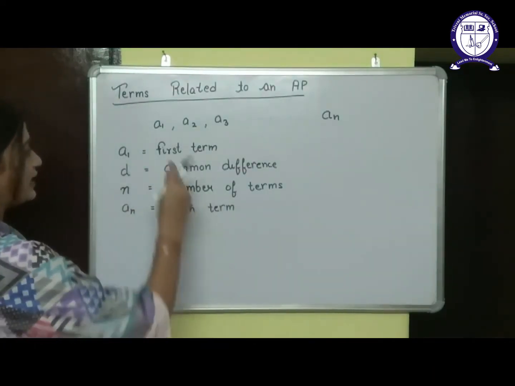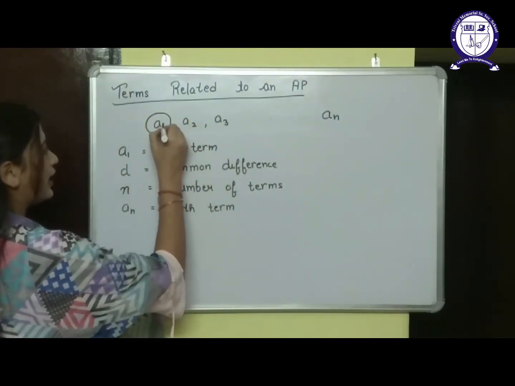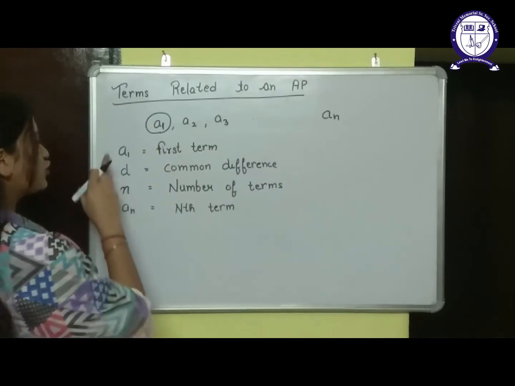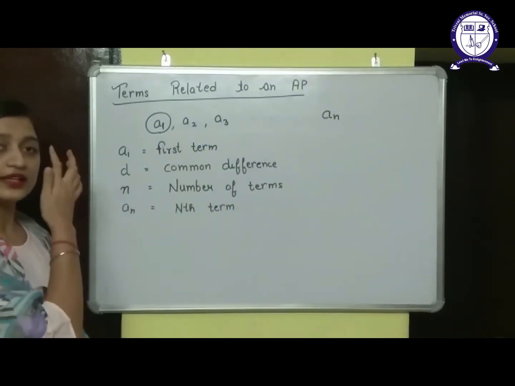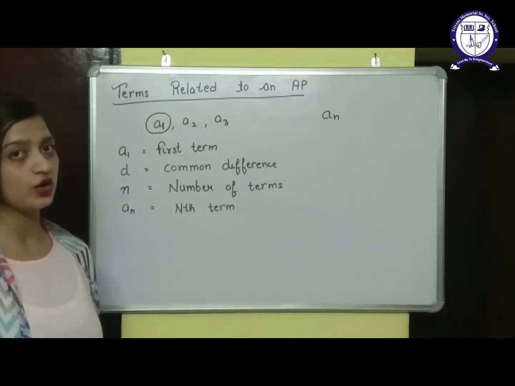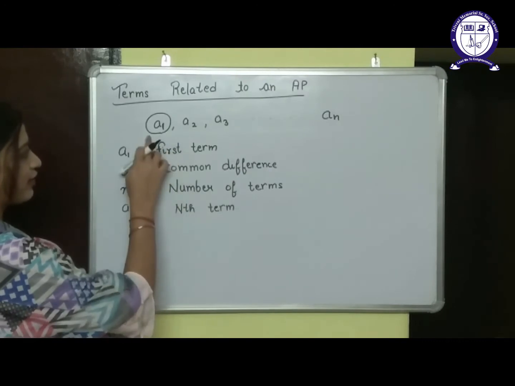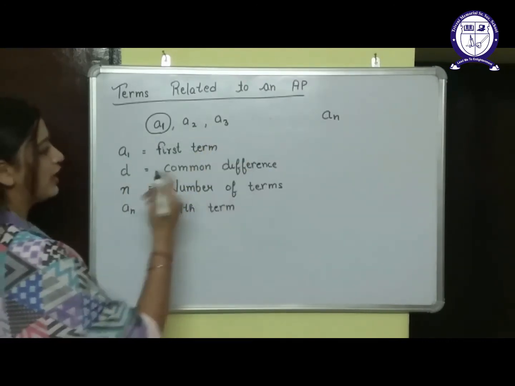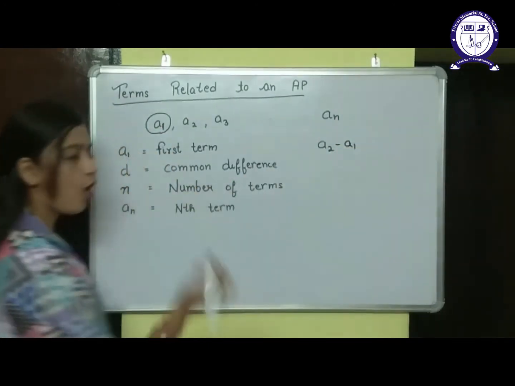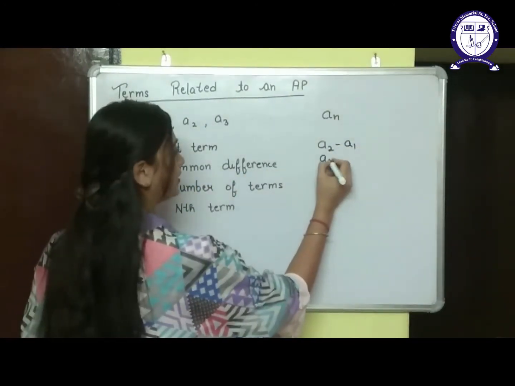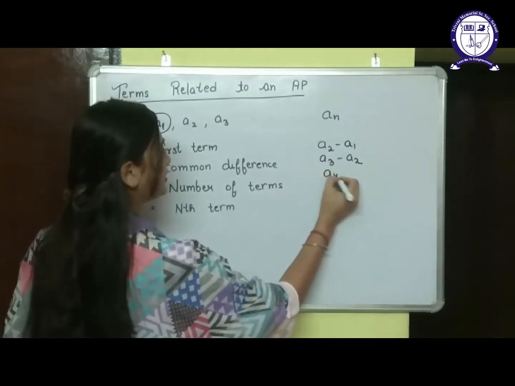So if I see in this AP, A1 is my first term, so it is denoted by A1. Now second is common difference, which I told you earlier also, the difference between two consecutive terms. That is, if I talk about this question, it will be A2 minus A1 or A3 minus A2 or A4 minus A3.